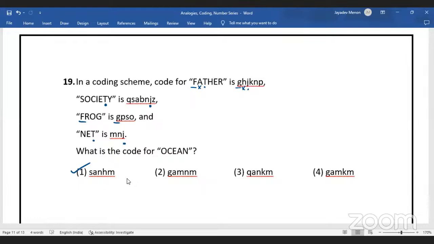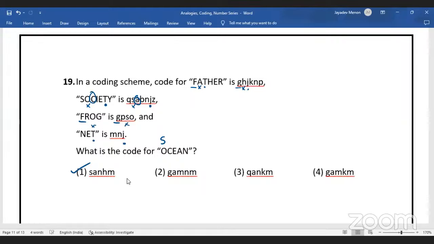So to find the code for ocean, first we will look for the code of O. The code of O we get from society or frog. It is S. Now the code for C, we get it from society.